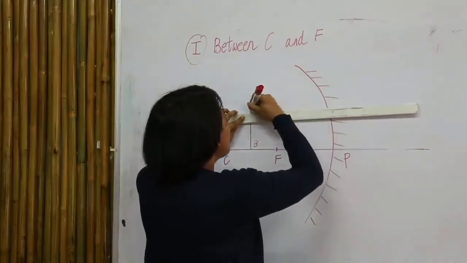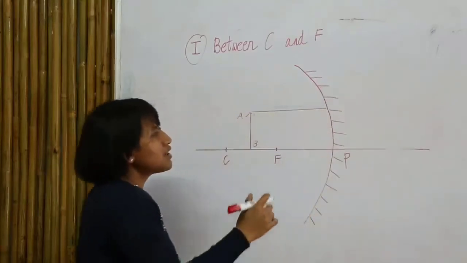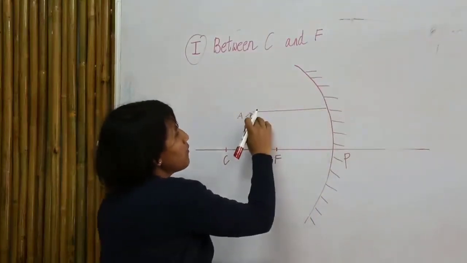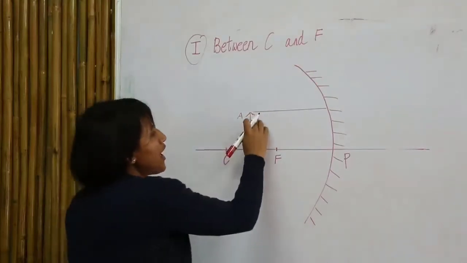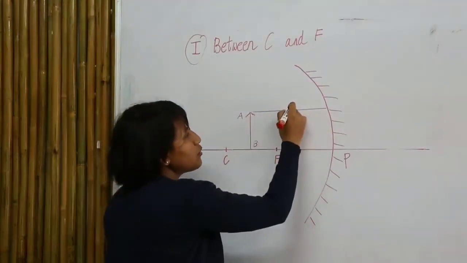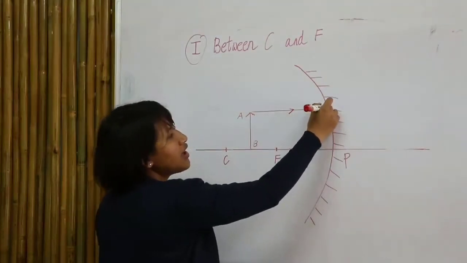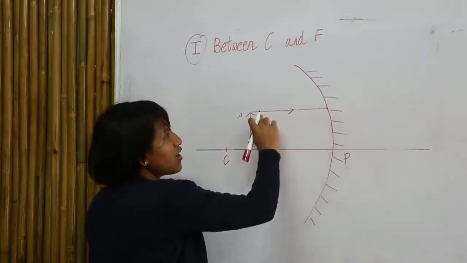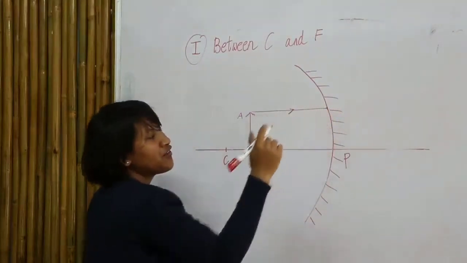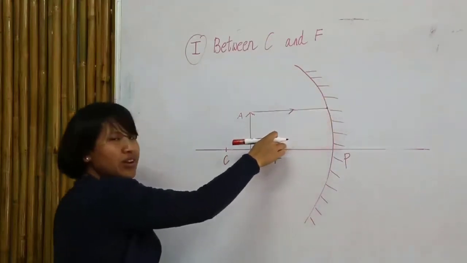We'll take only one ray of light. This ray of light strikes the mirror. As a result of reflection, it will get reflected, but this is parallel. The first rule says that a parallel ray of light will pass through the focus.